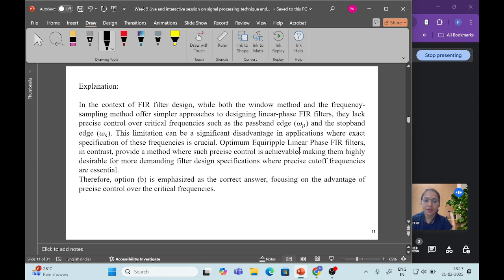Optimum equiripple linear phase FIR filters provide a method where such precise control is achieved, making them highly desirable for more demanding filter designs where precise cutoff frequencies are essential. So that's why option B is the correct answer for this question.